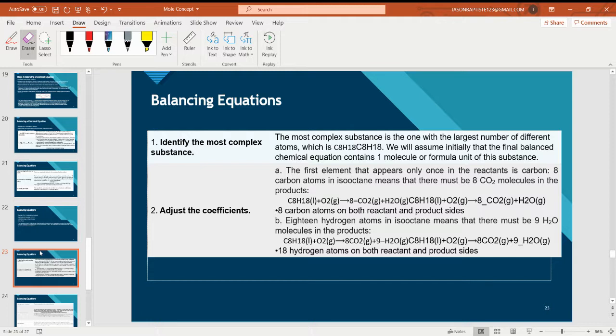So we drop in a 9 by the water. So we get 18 hydrogen atoms, right? Now we have 9 oxygen there and 16 oxygen there. 9 plus 16, if I know my maths, is 25. Yeah, 25 there. But we have 2 over there.